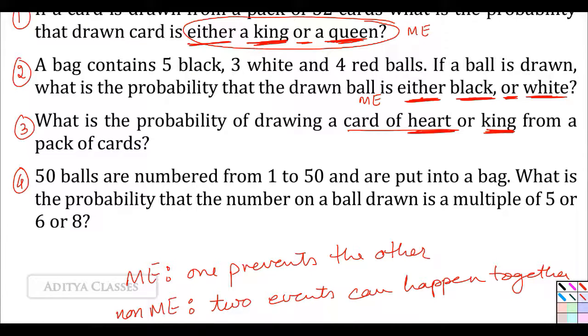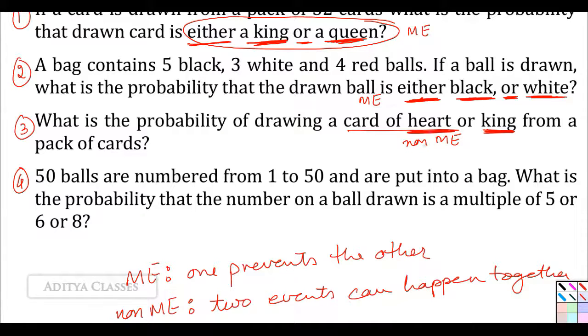Is there even a single card in that deck which is heart also and king also? Yes, there is one card which is heart and king, and that card is king of hearts. So this becomes a case of non-mutually exclusive.